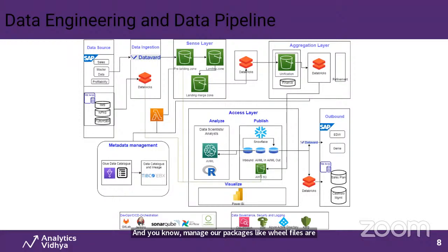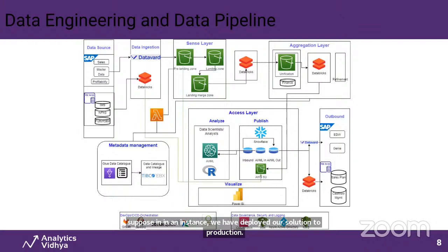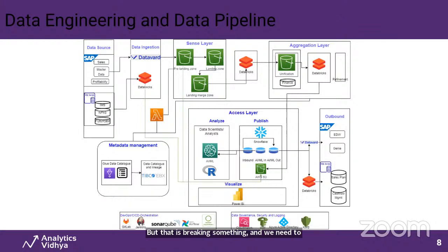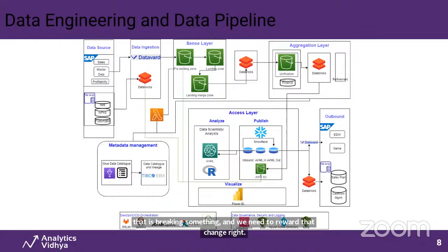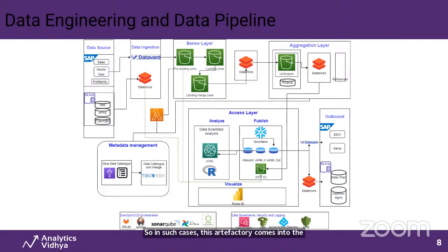For suppose in an instance, we have deployed our solution to production, but that is breaking something and we need to revert that change, right? In such cases, this artifactory comes into the picture, and we know what is the latest deployed package in production, and that is causing some issue. So what I need to do is revert that.